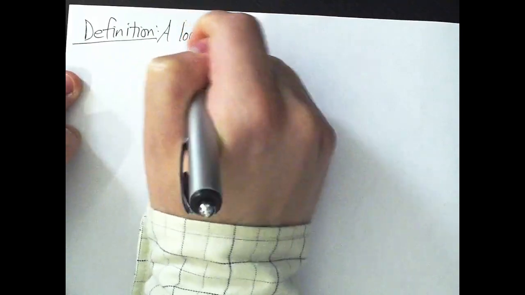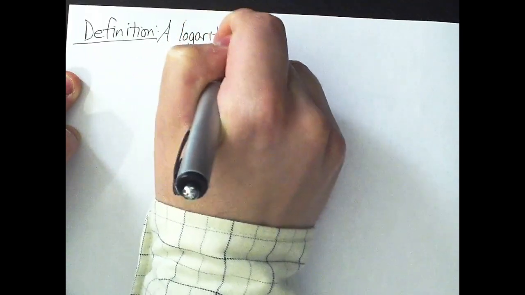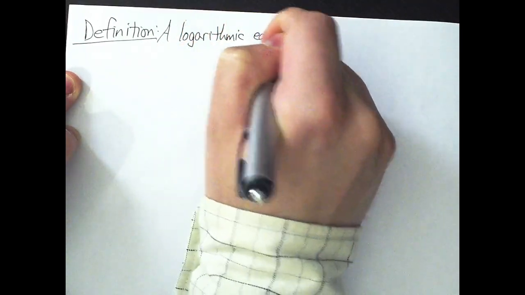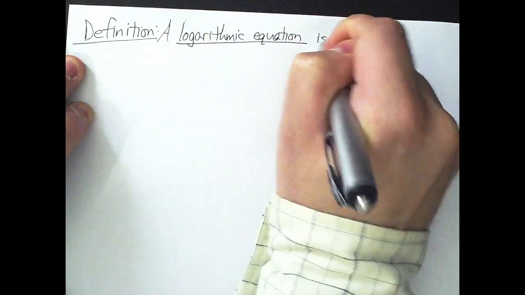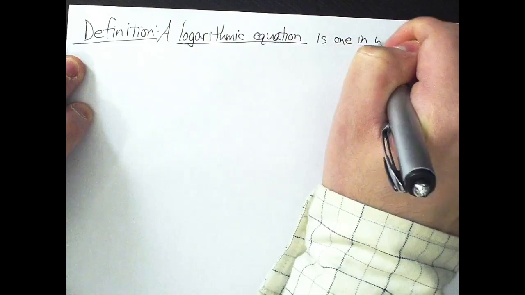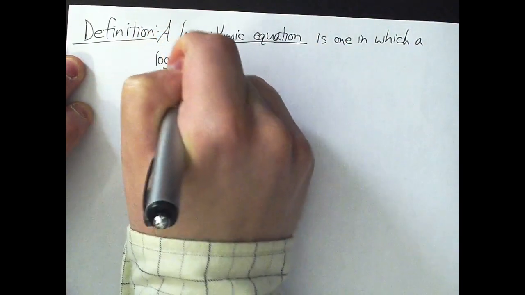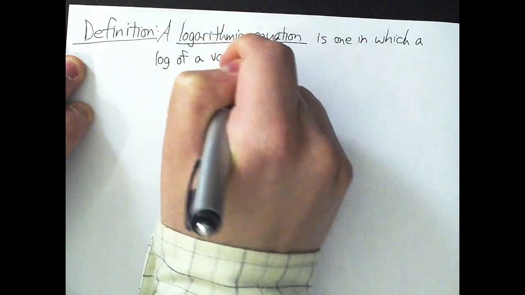Just like with exponential equations, we're going to start off by defining them and then looking at some simple ones. So definition, a logarithmic equation is one in which a log of a variable occurs.